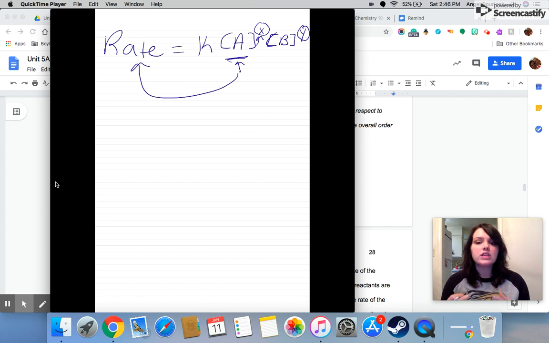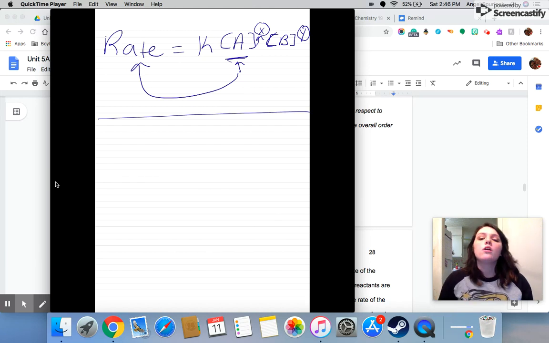It's giving us that relationship because not all reactants contribute to the rate the same way. Some of them contribute more, some of them contribute less. In fact, some of the reactants don't contribute at all to the rate of a reaction. And so that's what the order of a reaction is going to tell us.